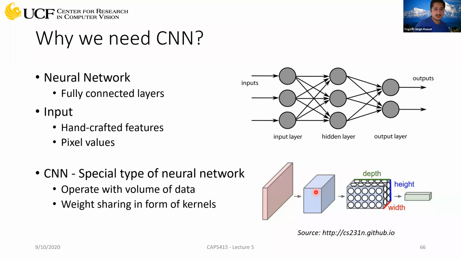So in a CNN, instead of transforming your flattened feature from one layer to another, you will transform your volume of features. You perform some kind of transformation on this volume and then you get another volume. By volume, I mean a cuboid kind of structure.